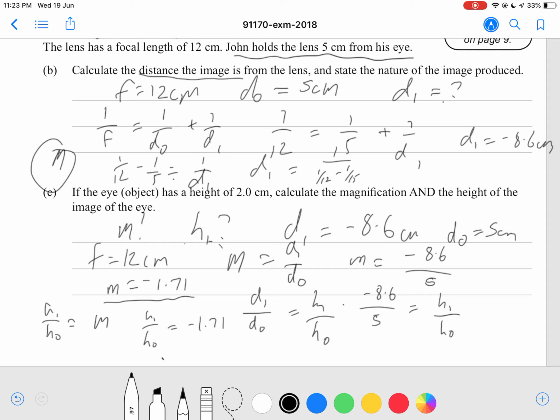If the object has a height of 2 centimeters, we do have the hi. So we know our hi, and we're trying to find out our ho.